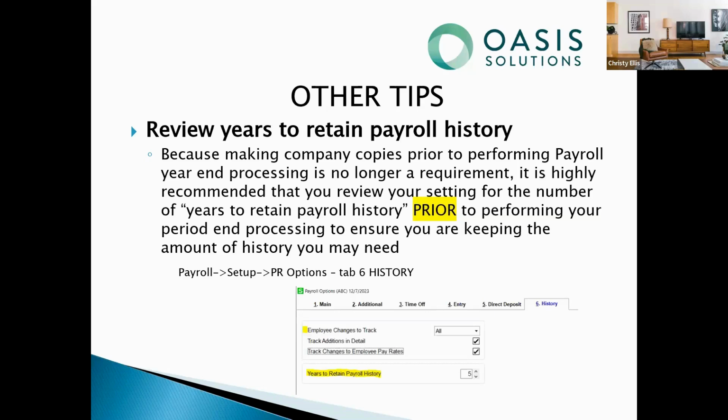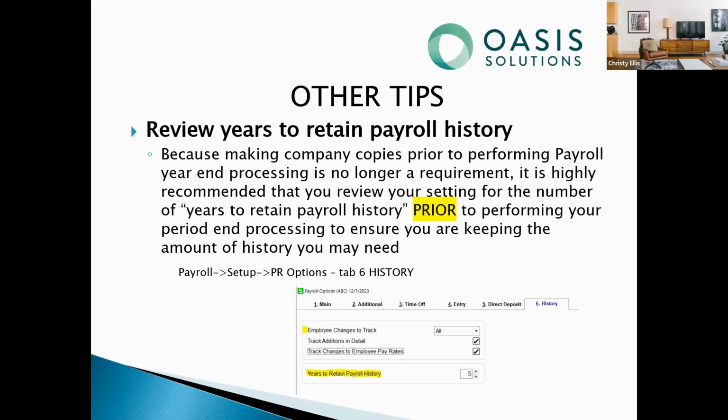So to find that, you find it under the payroll module under setup and payroll options. And tab 6 has the history settings. At the bottom, you see highlighted there years to retain payroll history. You can set that accordingly to what you need. I think the minimum is 2 years, but most people usually prefer to have at least 5 to 7.